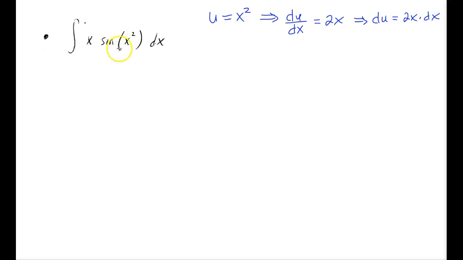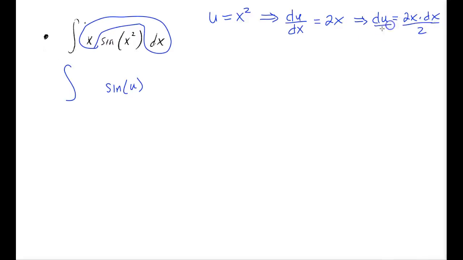And so as of right now, if we replace x squared with u, we would just have the integral of sine of u. But of course, we need to be able to replace x dx with something. And so we see here that if we were to divide both sides of our equation here by 2, then what we would end up with is 1/2 of du is equal to x times dx.